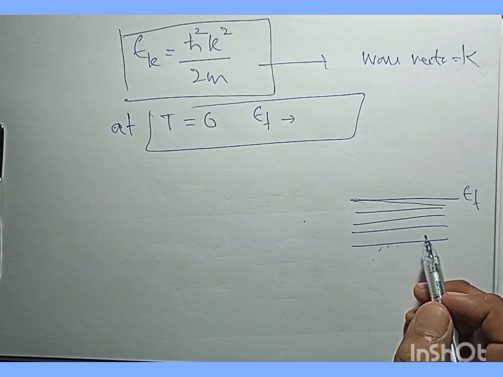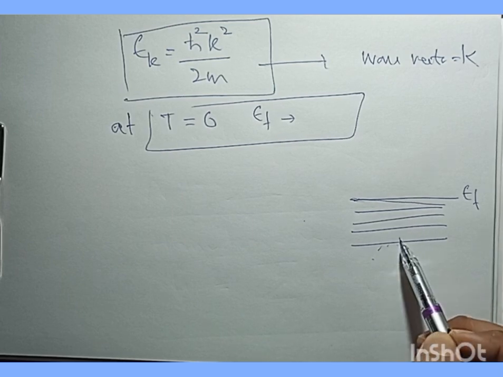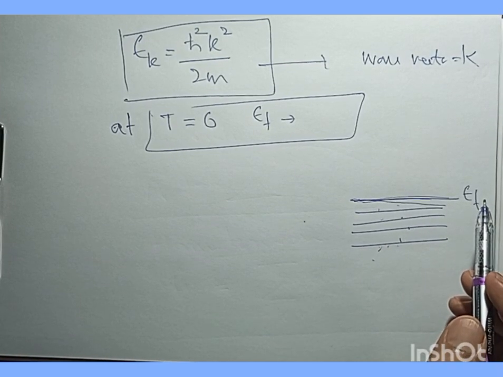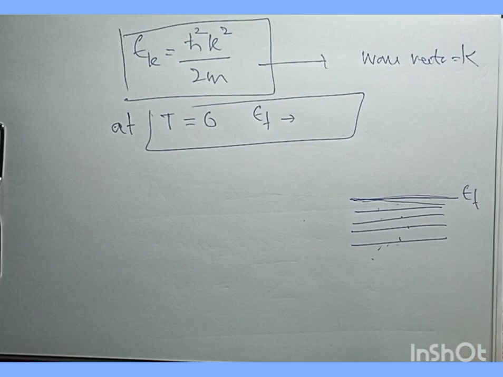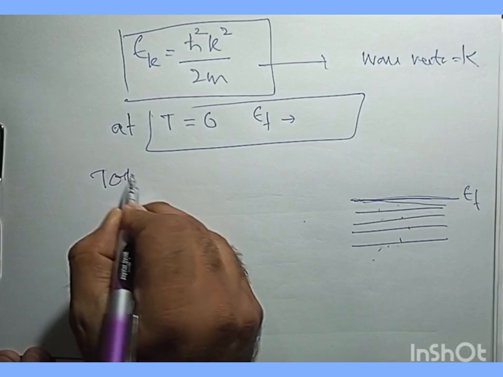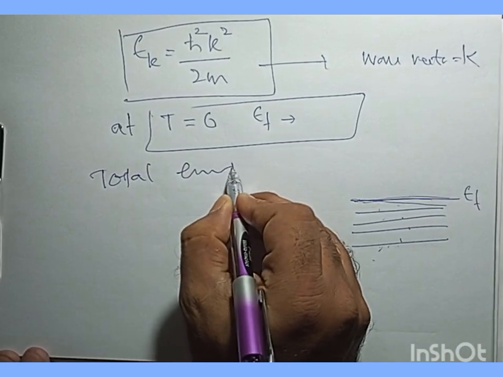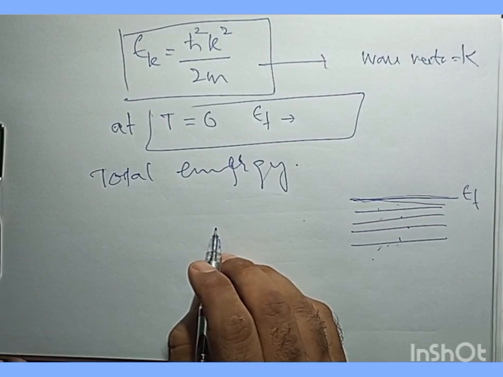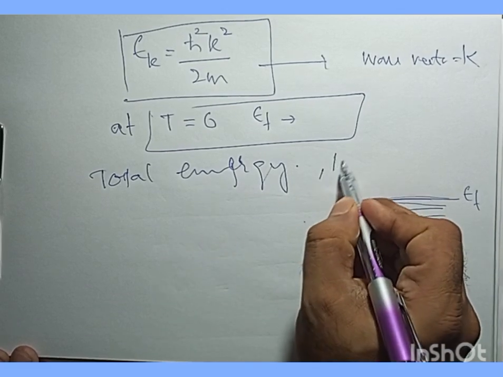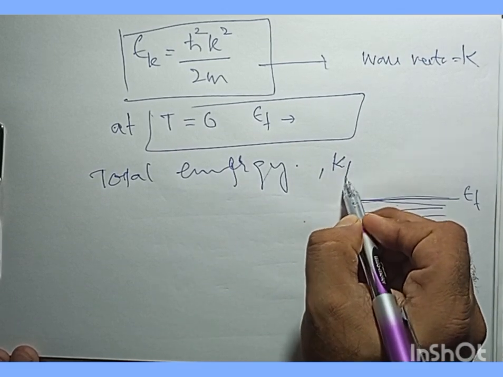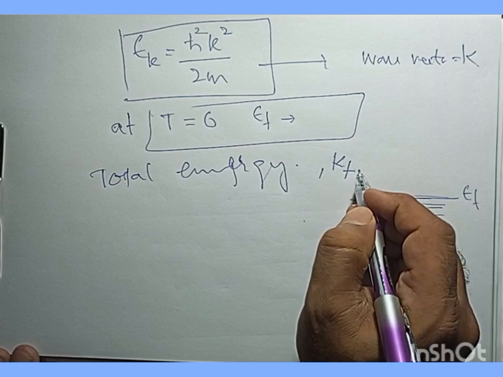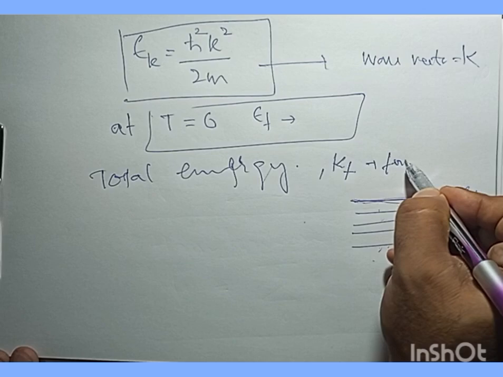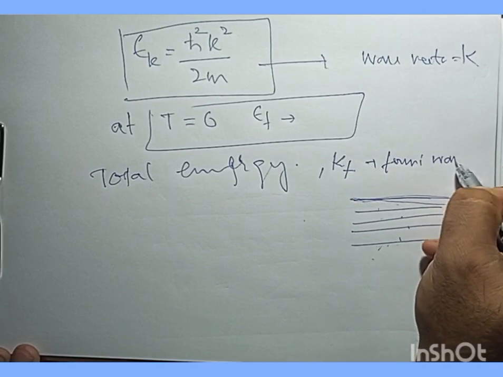Thus, the total energy of the system is the sum of the energies of all occupied states up to this Fermi energy level. Now, because we want to find the total energy, we first need this wave vector k, which will reflect as kF, and we call this the Fermi wave vector.